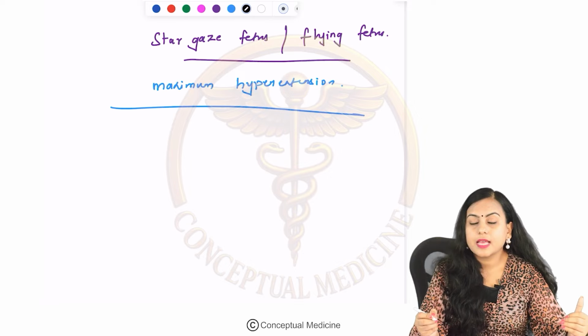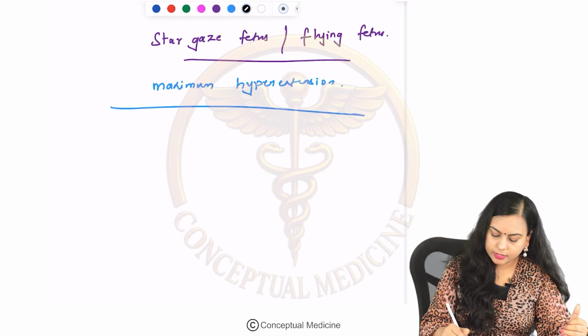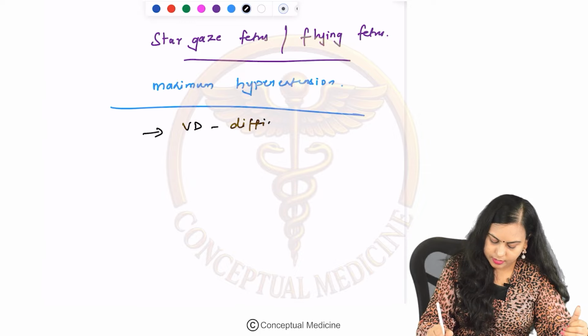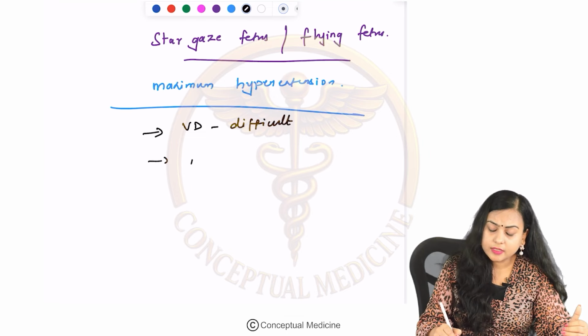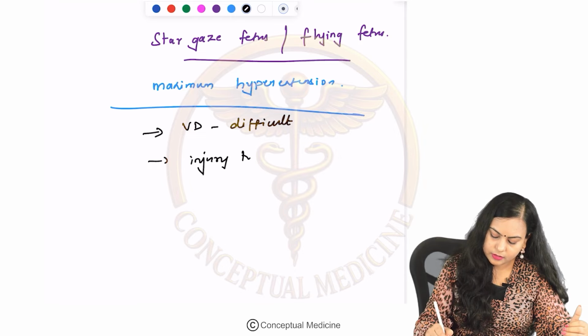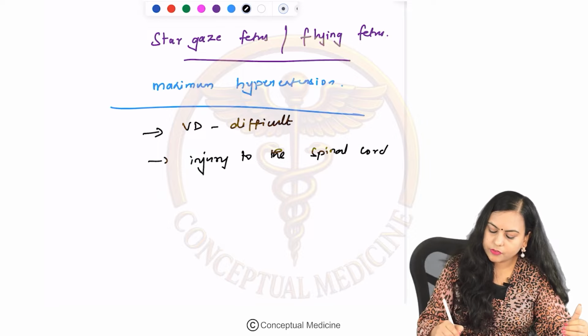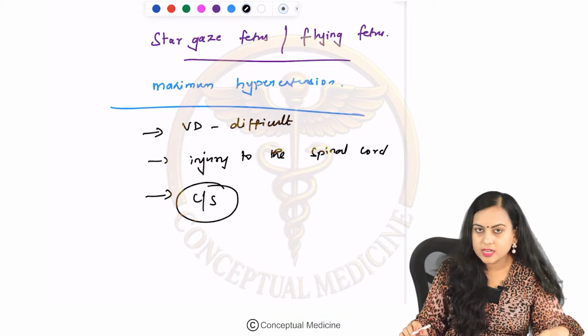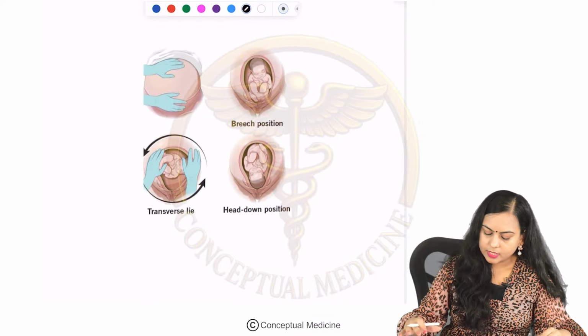If the baby is having this stargazing attitude, then definitely vaginal delivery is going to be difficult and it may result in injury to the spinal cord. So if you find this attitude, definitely you have to offer the patient cesarean section. Is that clear?